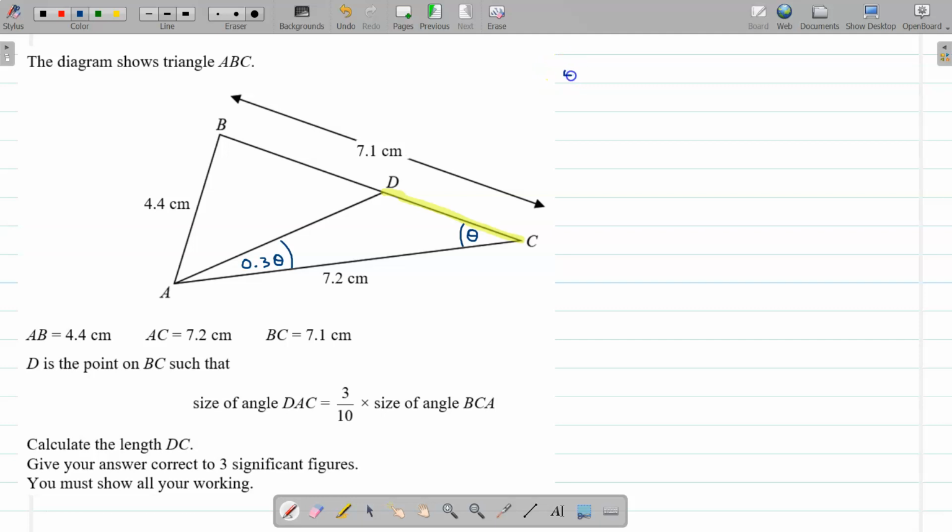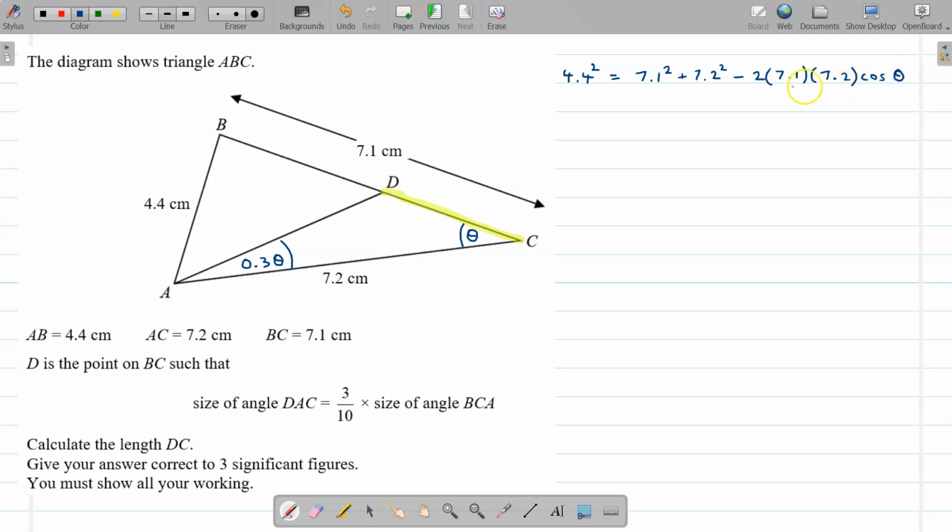So I'm going to start by stating the cosine rule in the normal order of things, which is that 4.4 squared, that's the side opposite theta, is equal to 7.1 squared plus 7.2 squared, minus 2 times the same 2 numbers that you've just written down, times the cosine of the angle between them, which is theta.